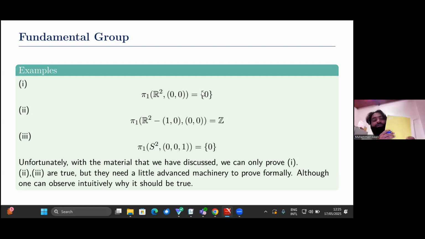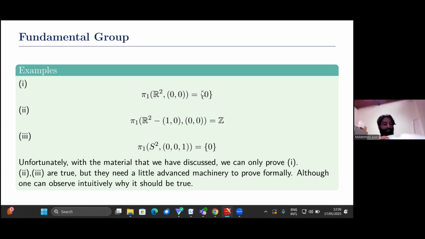So it makes sense to say the fundamental group of the plane, whatever point you take, should be trivial. But at the same time, if one asks me to compute the fundamental group of the plane minus one point, then one can see intuitively it should not be trivial.